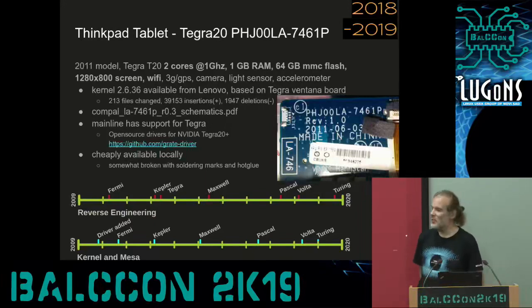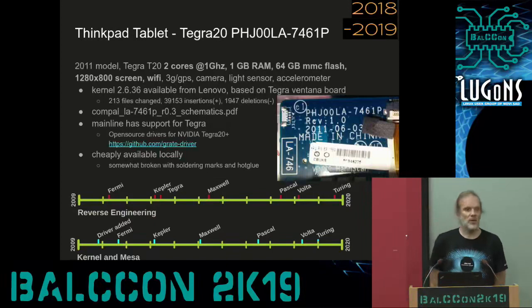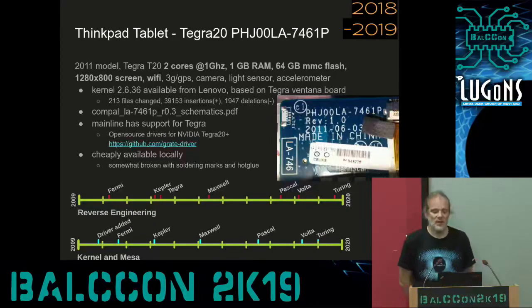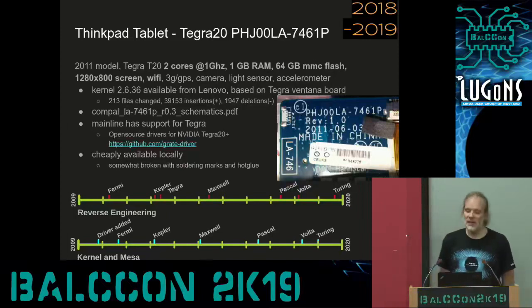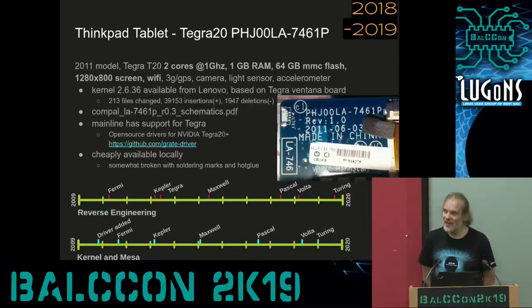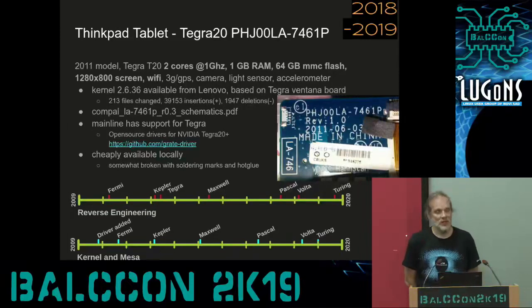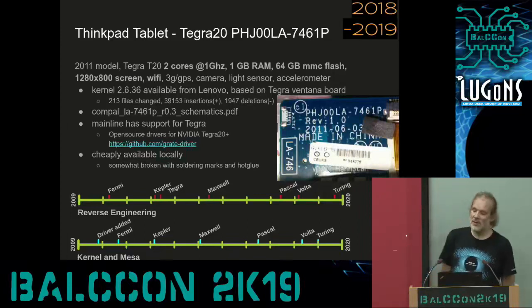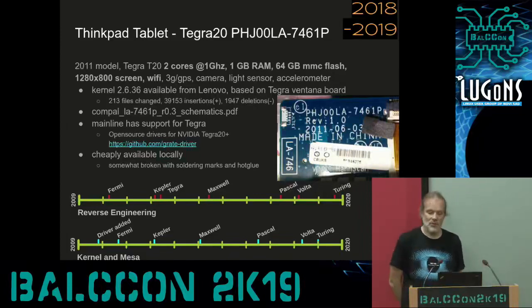But at this point, I also had a 2.6.36 kernel from Lenovo, which they actually released because of GPL obligations. I had a PDF schematic of the board, and the mainline kernel already had support for the Tegra chipsets, and there was third-party GPU support.